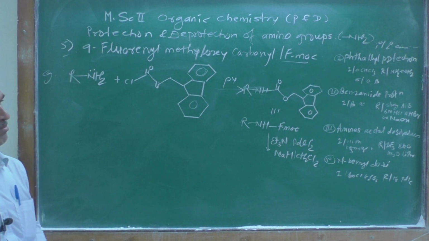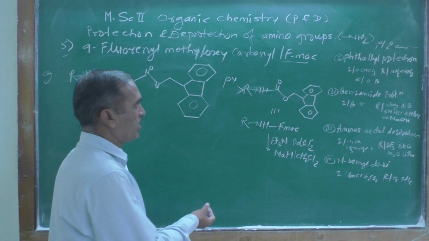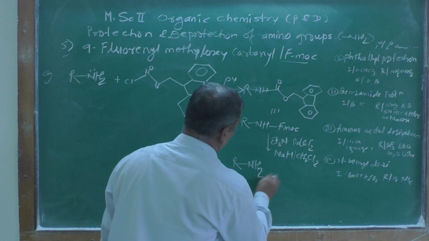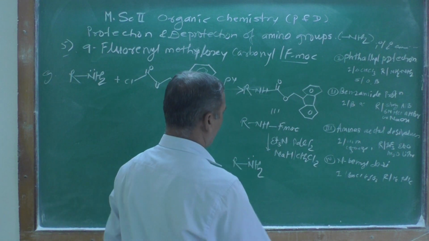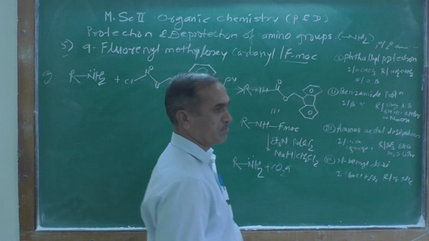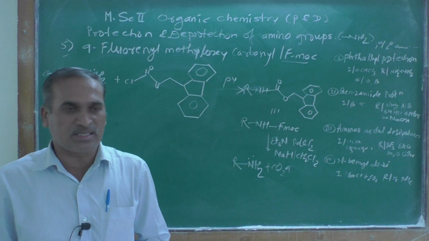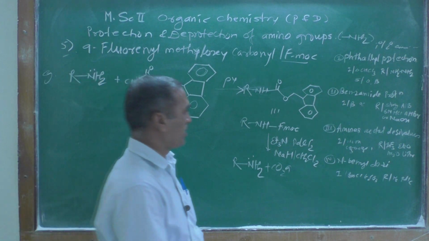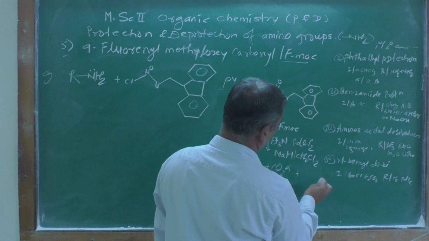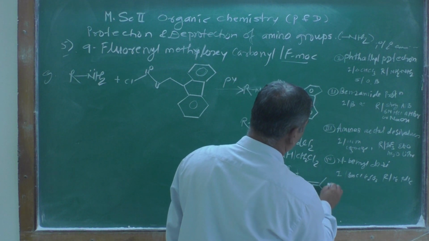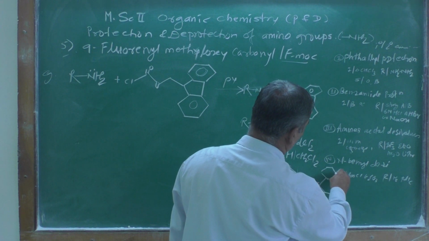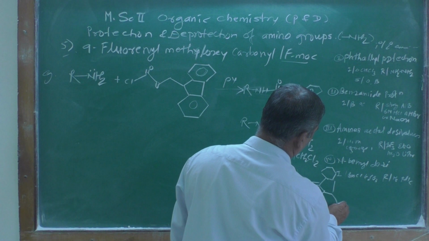In this way we can deprotect it, and you will get your NH2 group free, whereas the side products are carbon dioxide, which is gaseous and goes into the atmosphere, and again the 5-membered ring attached with the 6-membered ring.